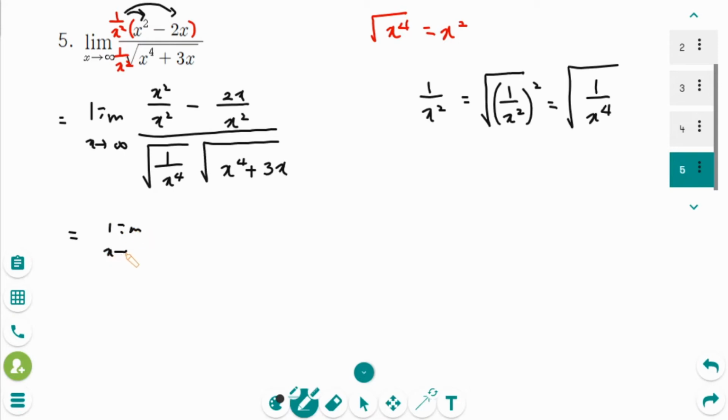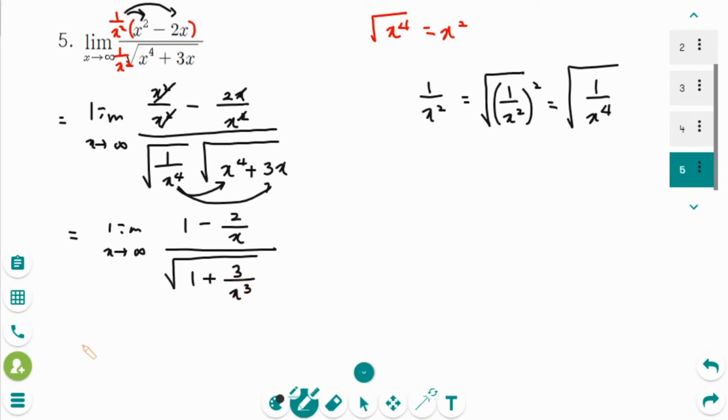And then simplify. This is the 1 minus this is 2 over x, square root of expand 1 plus this one 3x over x to the power of 4, which is 3 over x cubed, and then infinity into x.